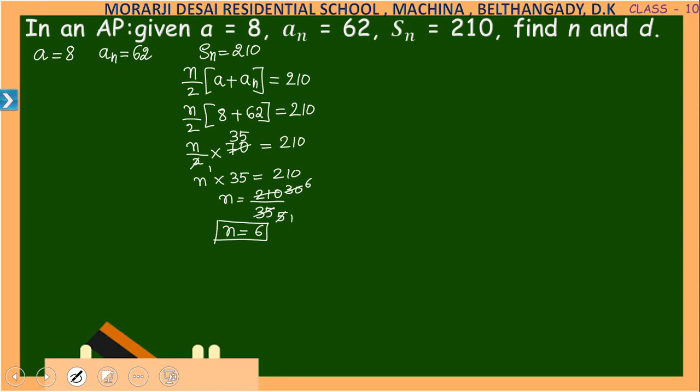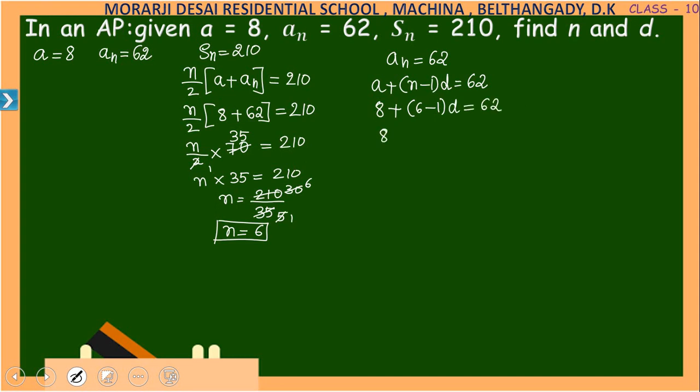Now find d. We have an is equal to 62. an is a plus n minus 1 into d, that is equal to 62. a is 8 plus n is 6 minus 1. What is d? d we don't have, we have to find, is equal to 62.